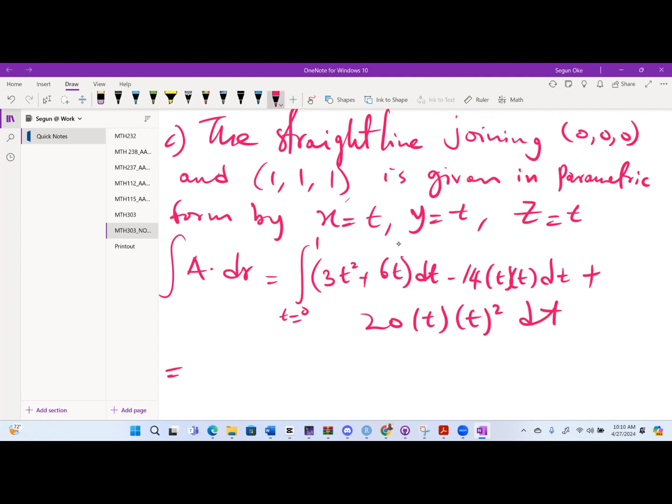So all we need to do now is to add all the t together, t from 0 to 1.